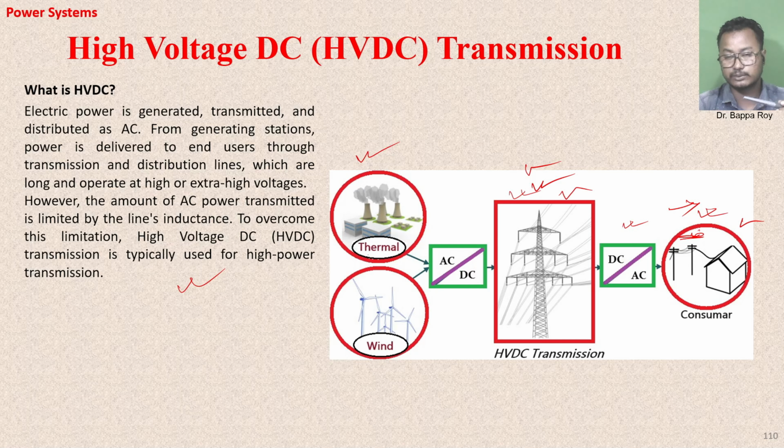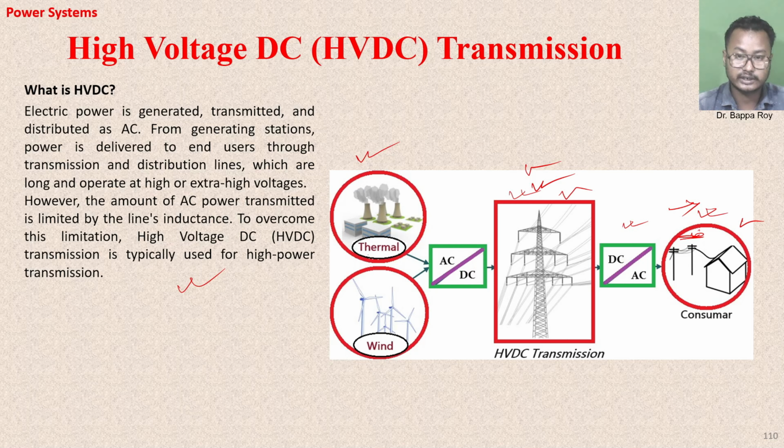That's why it is HVDC. AC we can also supply, but it faces different types of problems. DC also faces different types of problems, but if we compare AC and DC, DC is better for long distance transmission. That's why we choose HVDC.